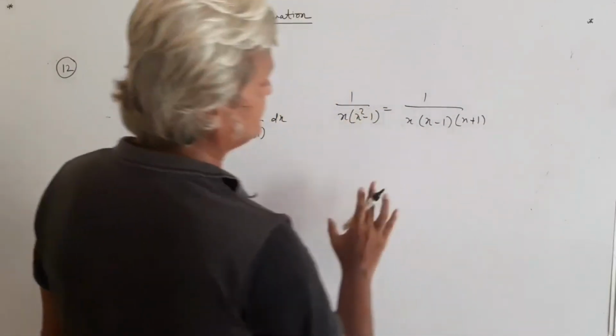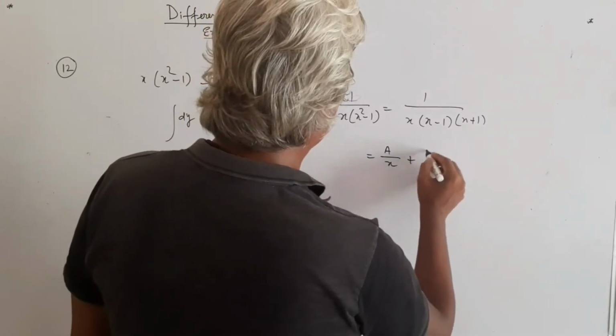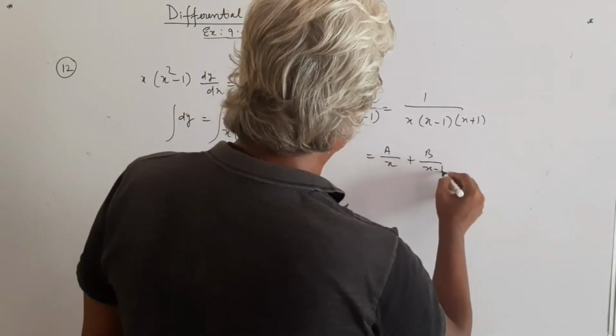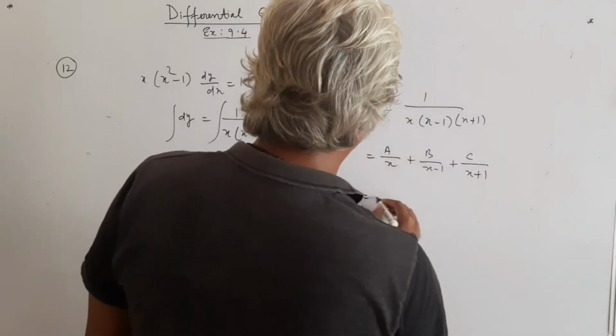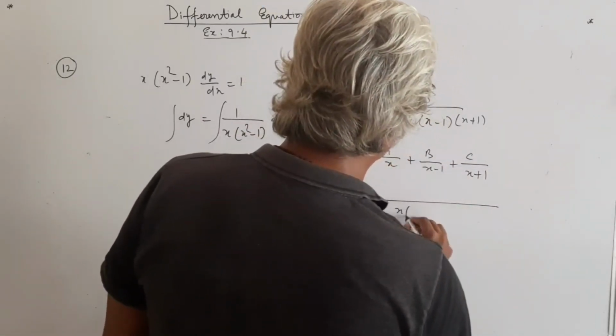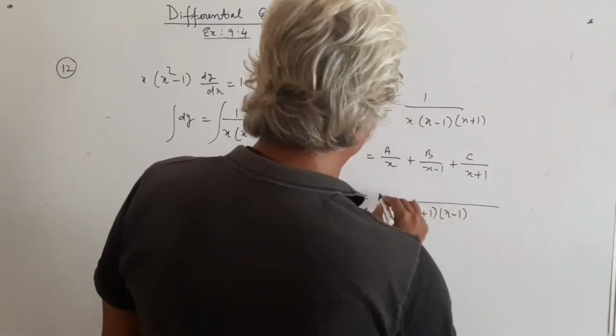All these three terms are linear, so we can have a over x plus b over x minus 1 plus c over x plus 1. If you take the LCM, then you get x plus 1 times x minus 1.